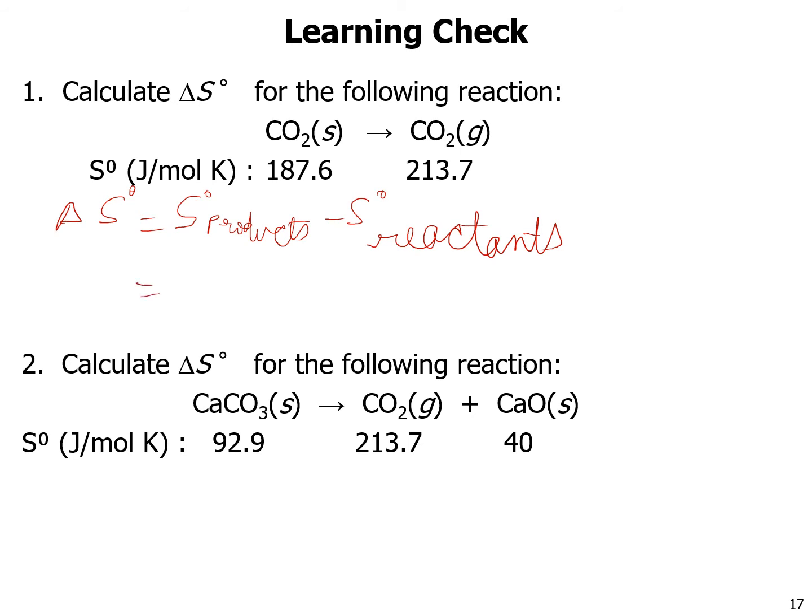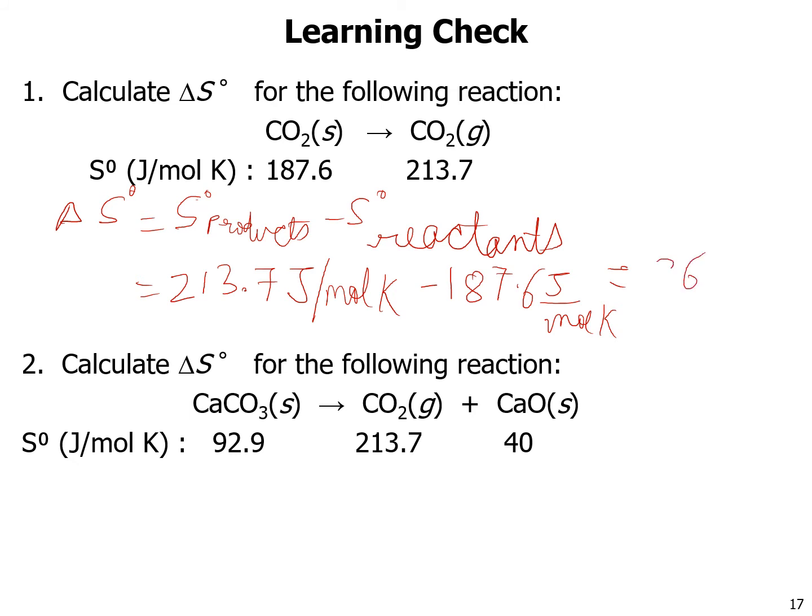So in this case, the product, I only have one of these, so it's going to be 1 times 213.7 joules per mole Kelvin minus 187.6. Again, we only have 1 mole of that, joules per mole Kelvin. We take a difference of that, and that would give you your delta S naught of 26.1 joules per mole Kelvin.